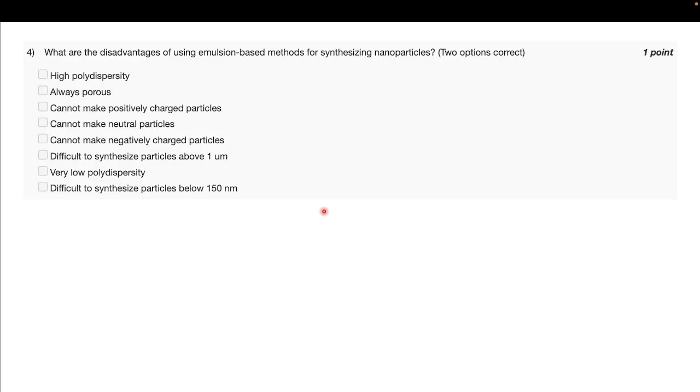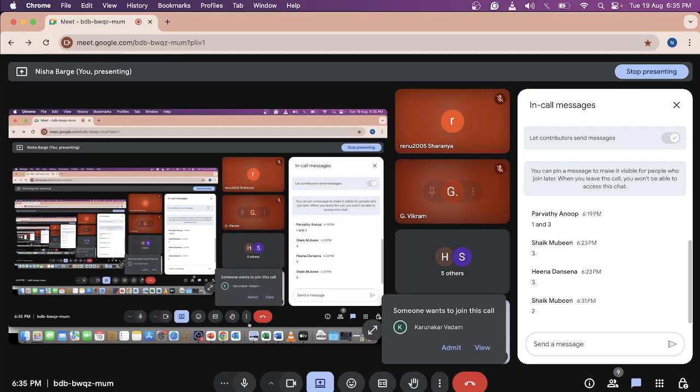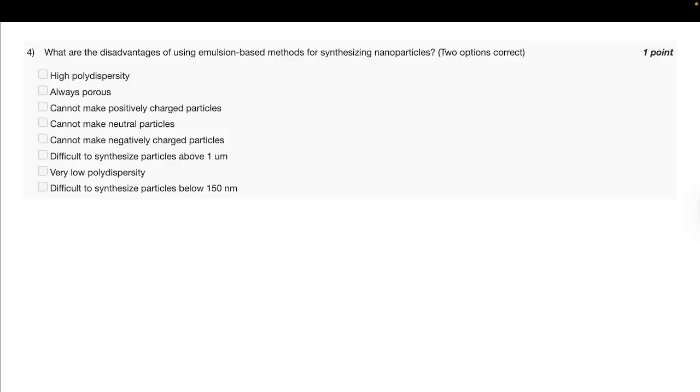Next is, what are the disadvantages of using emulsion based methods for synthesizing nanoparticles? We have to choose two correct options. If you have studied the emulsion based methods in detail, you'll be able to answer this. If anybody has the answer, do let me know. If not, then we'll of course discuss.